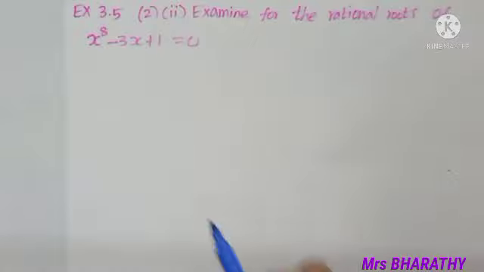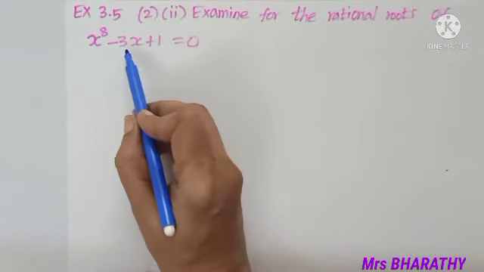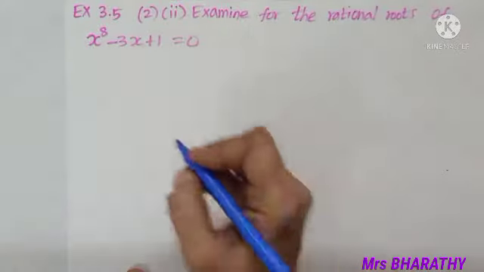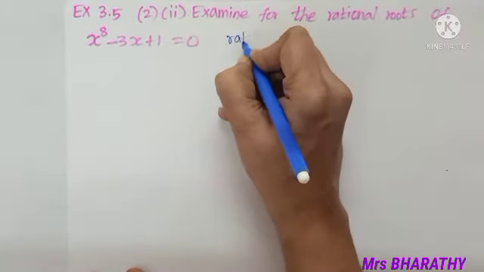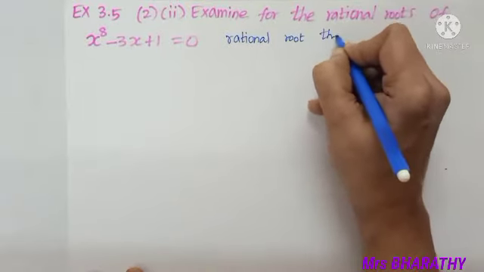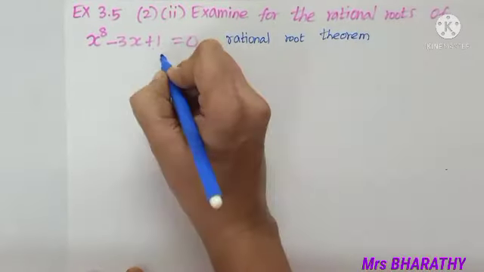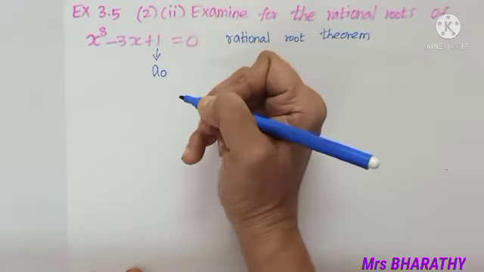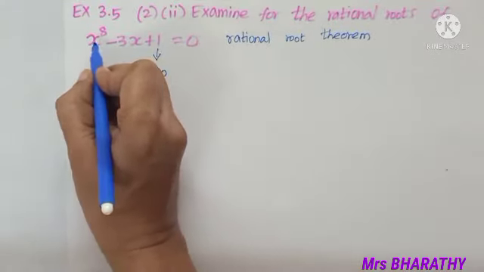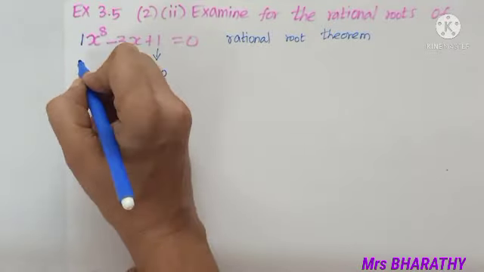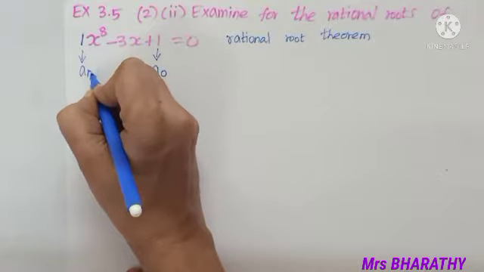Second subdivision, x power 8 minus 3x plus 1 equal to 0. Again, we are using the rational root theorem. As I apply it, I call the last constant as a0 and the highest power term, that is x power 8, and its coefficient I call as an.